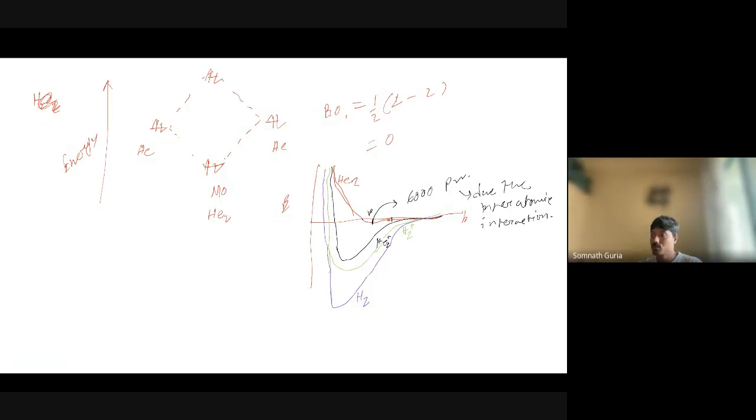Now coming to homonuclear diatomic molecules where the 2s orbital is also involved. Let's suppose the nitrogen molecule. Okay, we have an MO diagram of the N2 molecule. How will it be?